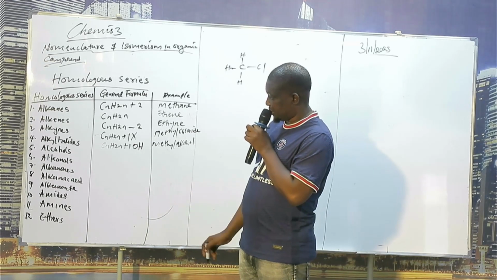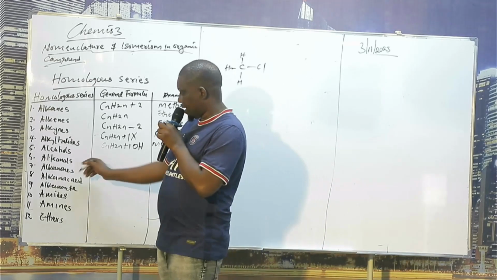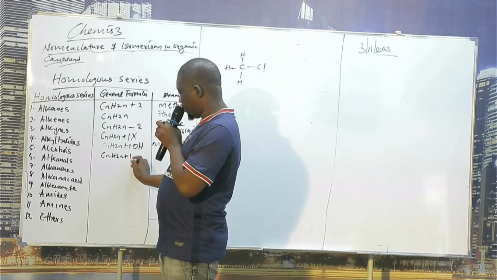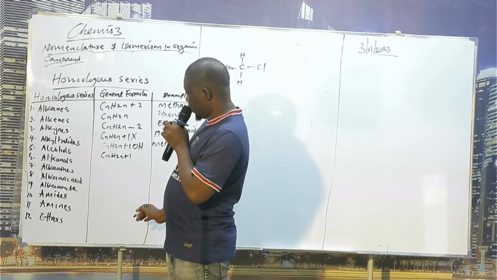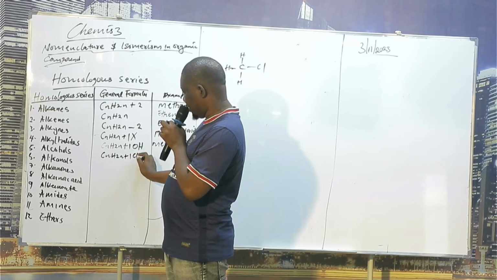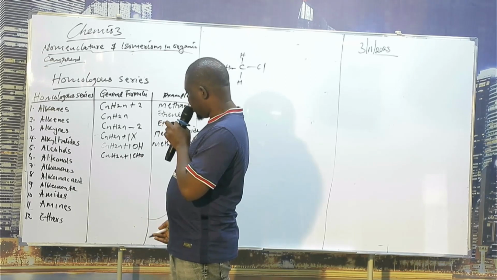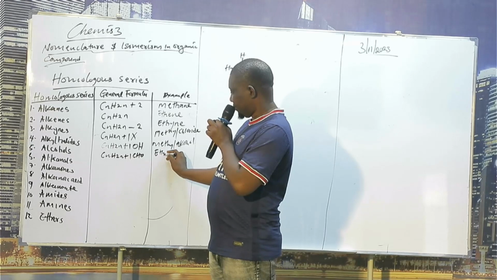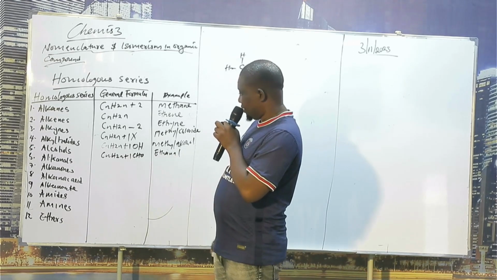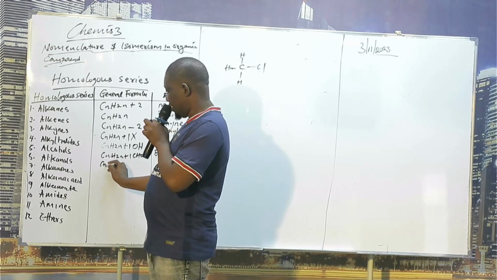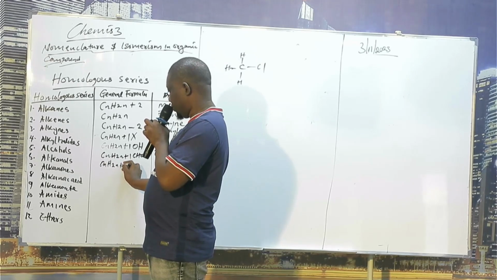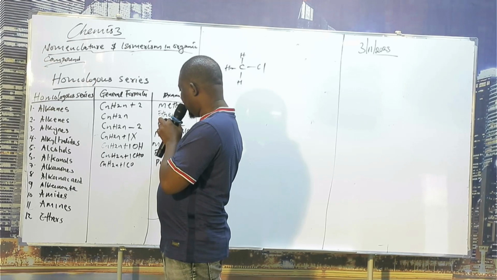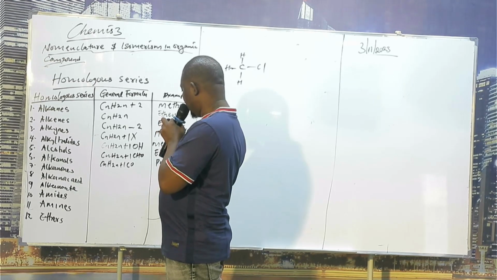The next member is alkanal, CnH2n+1 with the functional group CHO. The simplest member is ethanal. The next member is CnH2n+1CO, the commonest member is propanone.